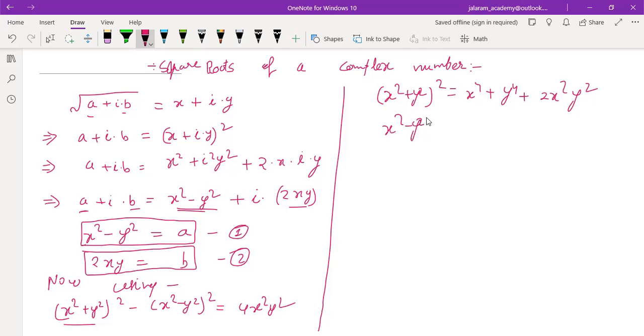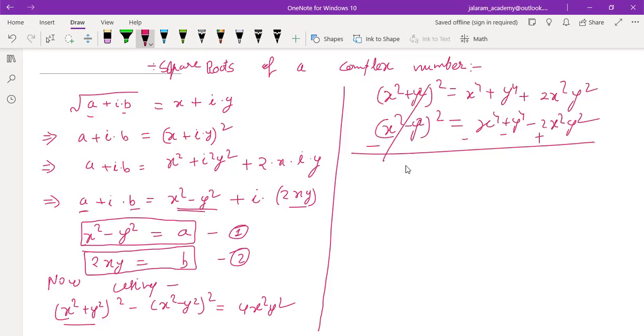And x square minus y square whole square equals x to the power 4 plus y to the power 4 minus 2x square y square. On subtracting, x to the power 4 cancels out, y to the power 4 cancels out, and 2x square y square plus 2x square y square is 4x square y square. Is that clear to you?